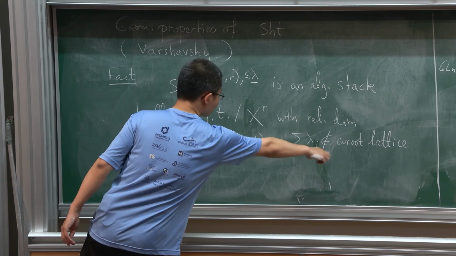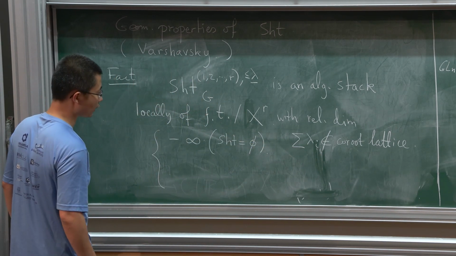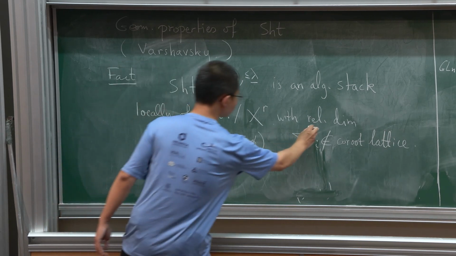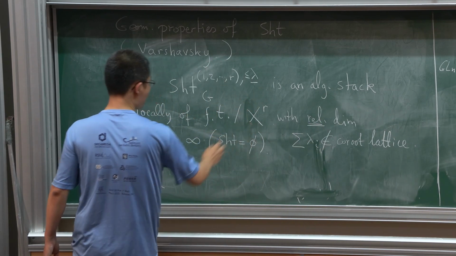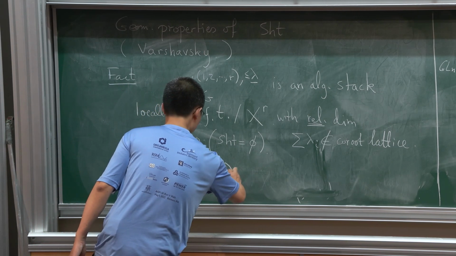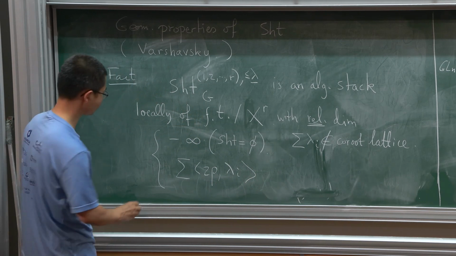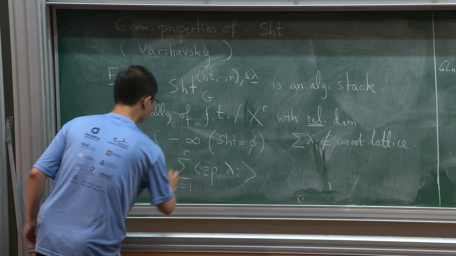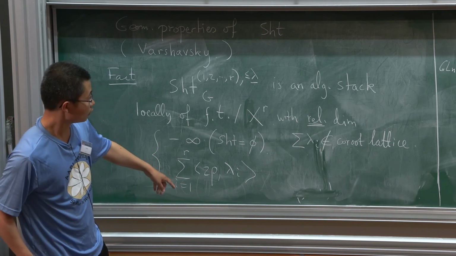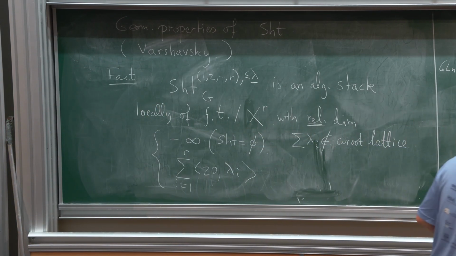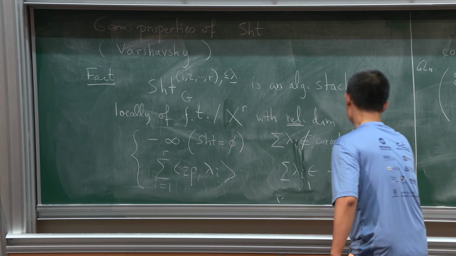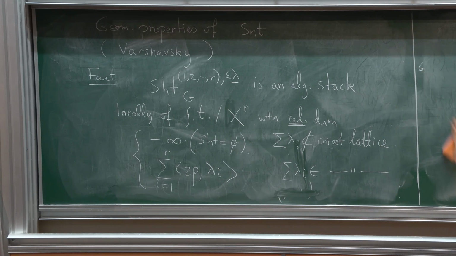And if the sum lies in the coroot lattice, the relative dimension relative to the legs is the sum of 2 rho paired with lambda i.